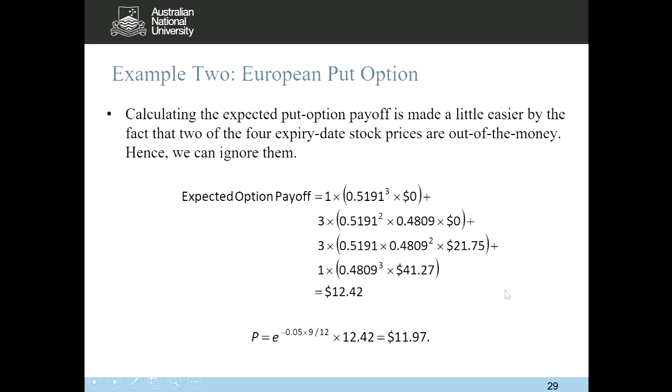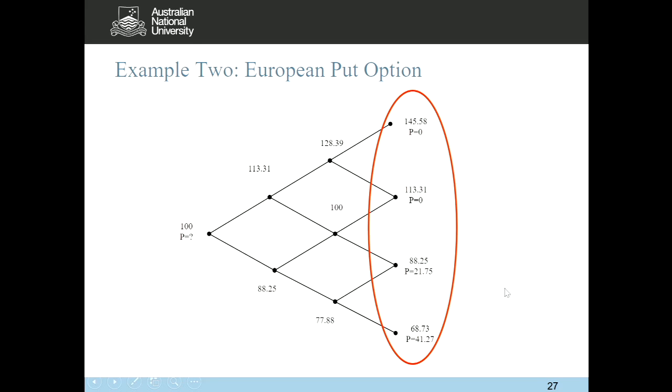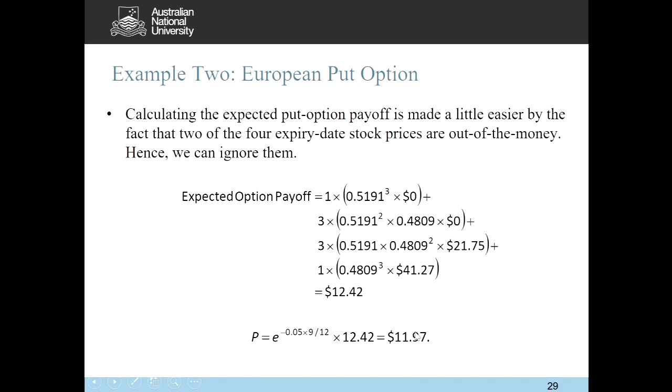And again, there's only one way we can get to the 68.73 point, which is for the share price to take 3 consecutive downturns, right? So that's simply this probability, the probability of going down to the power of 3, representing 3 consecutive downturns, and we have a whopping payoff of 41.27.